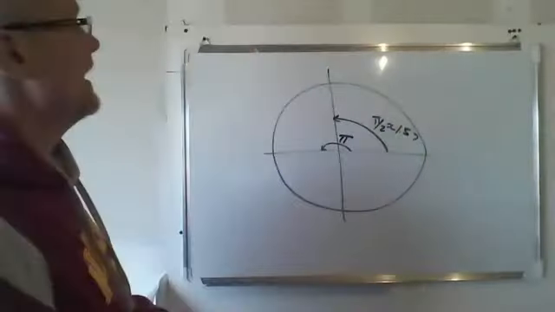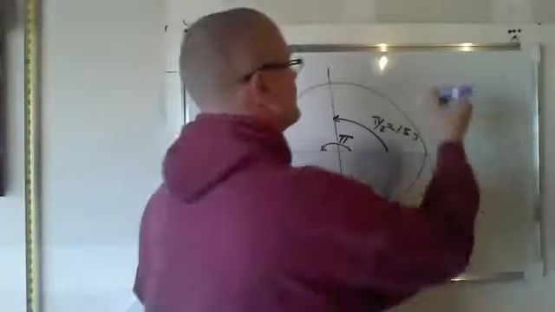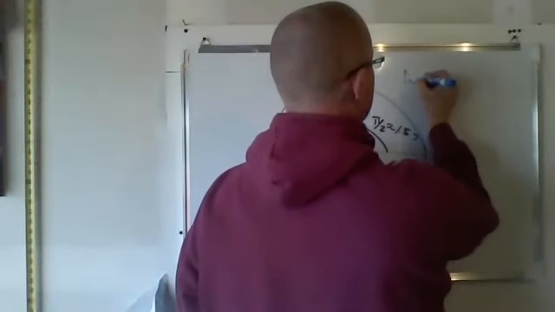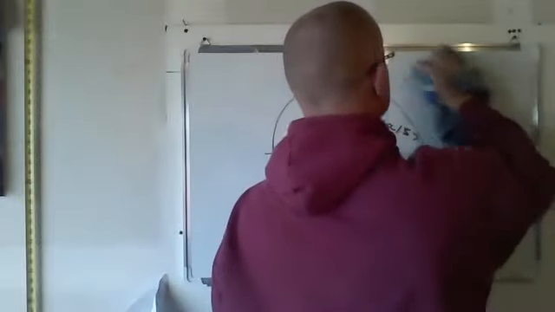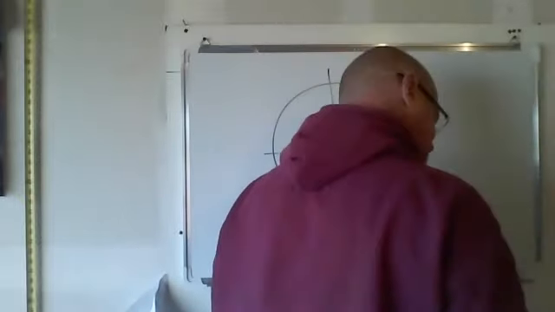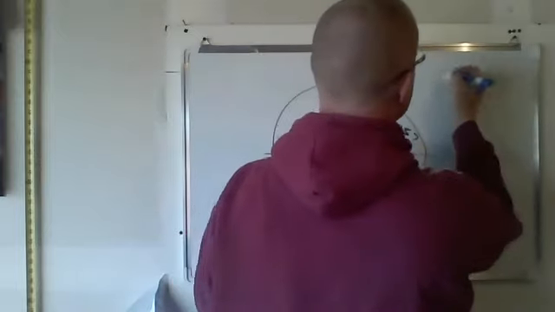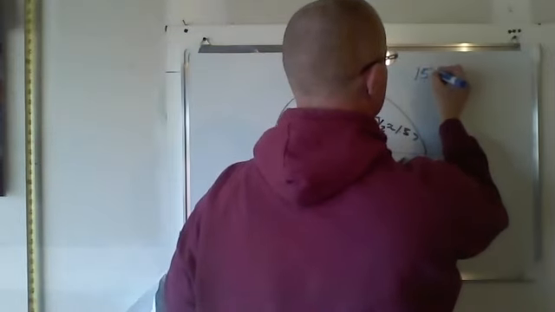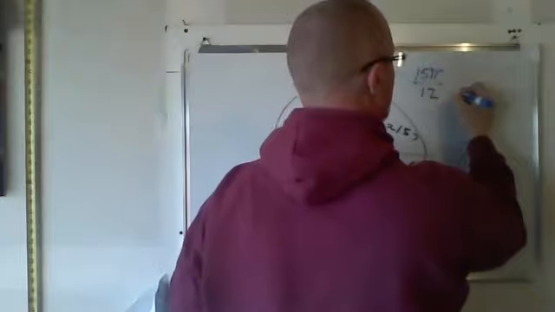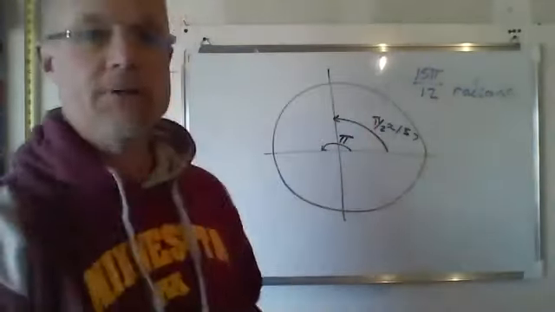All right, so let's talk about something like 7 pi over 12 radians. Let's even go a little bit more than that. Let's go 15 pi over 12 radians. Which quadrant does it terminate in? 15 pi over 12.